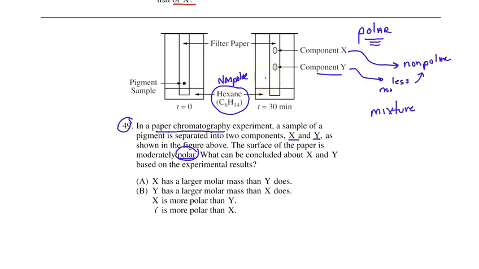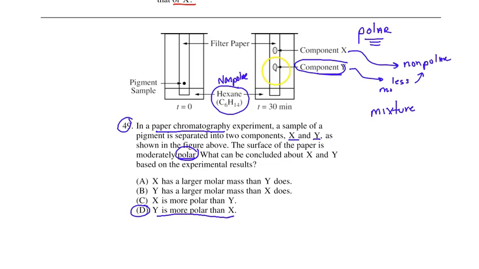So we could say that Y is more polar than X, which would be choice D. Let's see those choices again. So yeah, Y is more polar than X, choice D. Why?